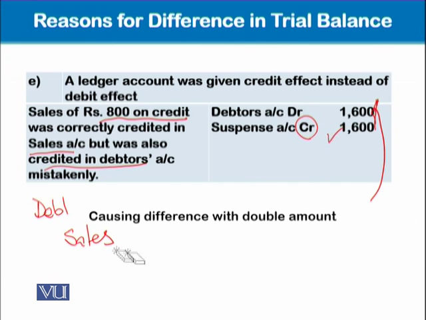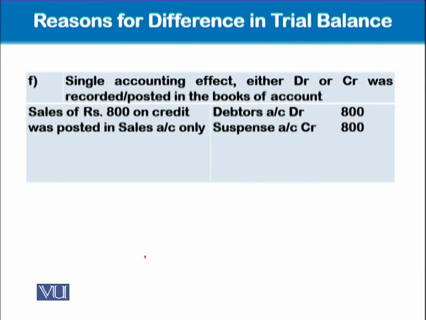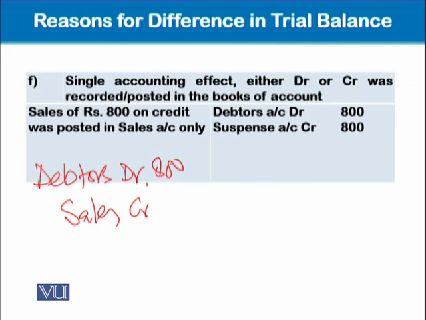All right, the next thing is single accounting effect. Either debit or credit was recorded or posted in the books of accounts. Sales of 800 rupees on credit were posted in the sales account only. So what was the correct accounting entry? Debtors were supposed to be debited and sales were supposed to be credited with 800.